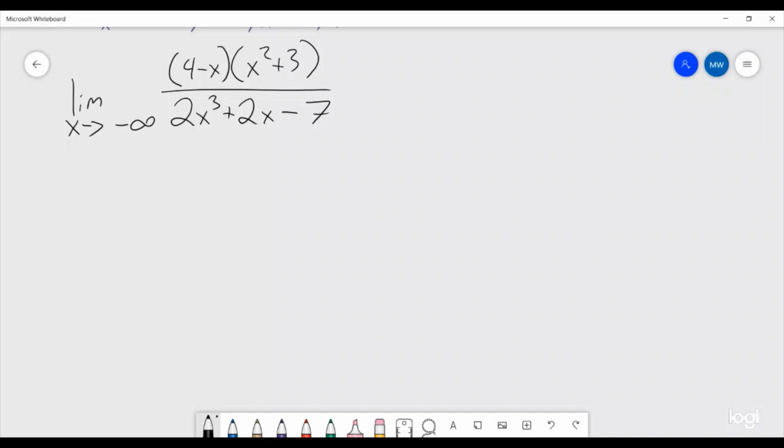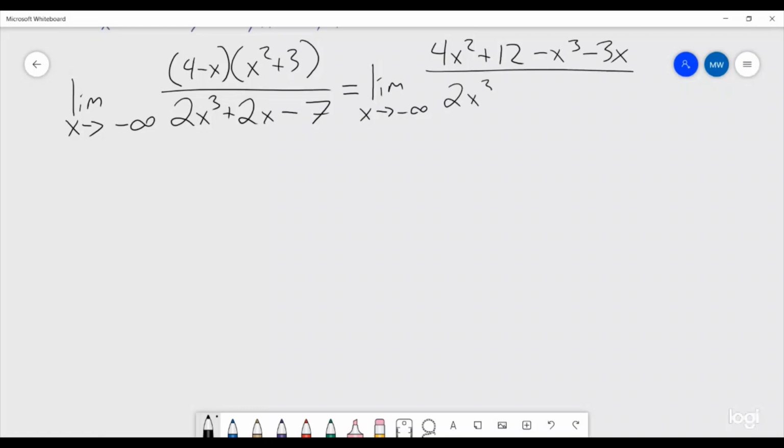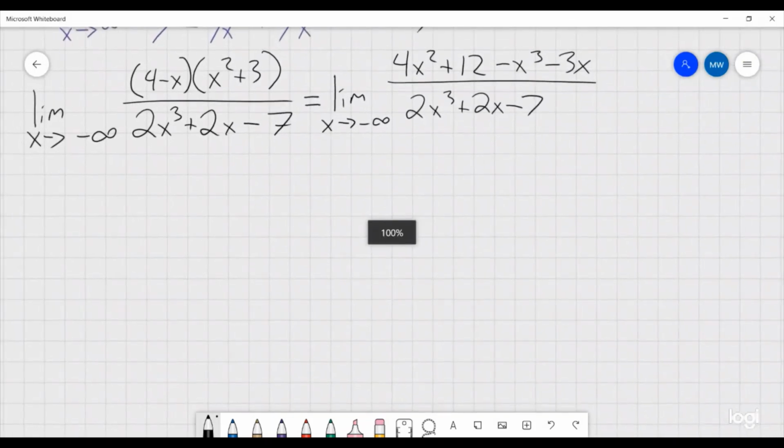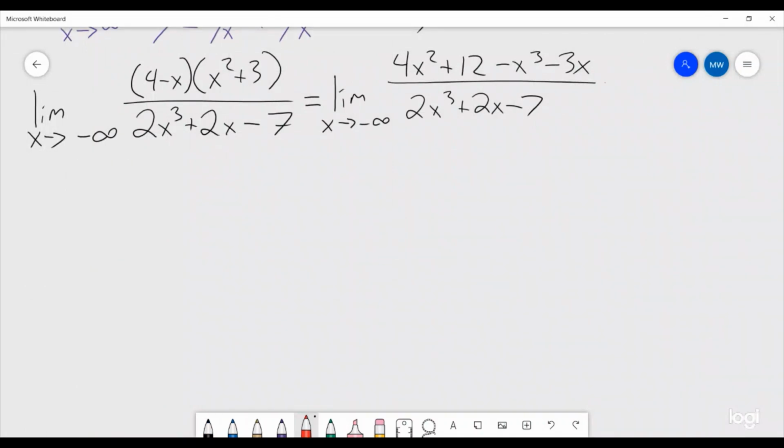To figure this out, a good first step might be to expand out the top of this fraction. So this would become the limit as x goes to negative infinity of 4x squared plus 12 minus x cubed minus 3x, all over 2x cubed plus 2x minus 7. And now because this has an x cubed on the top and the bottom, multiplying the top and bottom by 1 over x cubed is probably our best route.